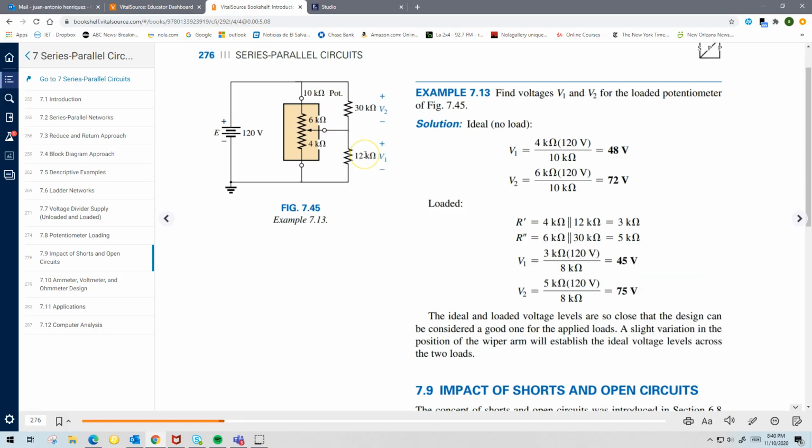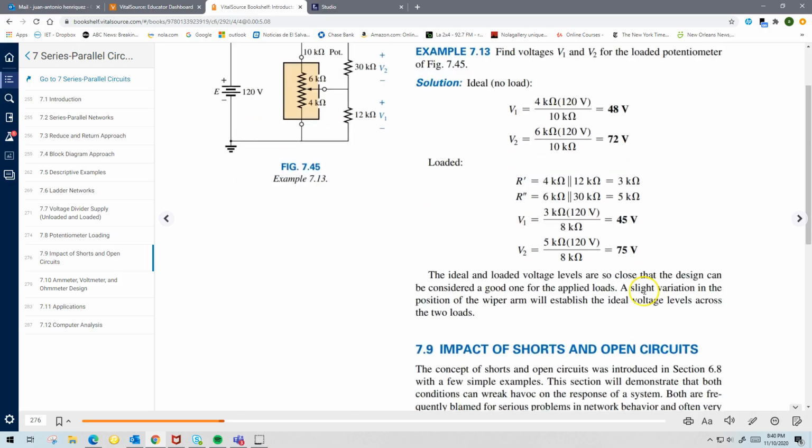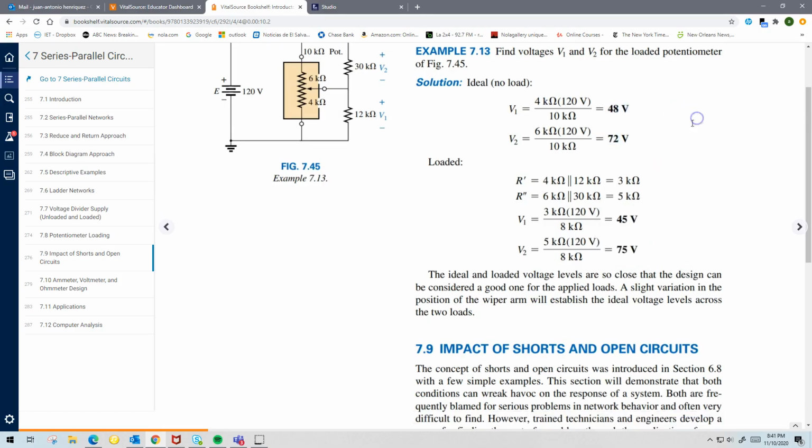So when we look at the voltages, now V1 will be 3, the parallel combination, divided by 8, because now it changed, times 120 volts, which gives you 45 volts. The same thing for V2: it'll be 5, the parallel combination, divided by 8, times 120, which gives you 75 volts. So in this case, the ideal voltage and the loaded voltage, when we added the load, are so close that we consider this a good design.